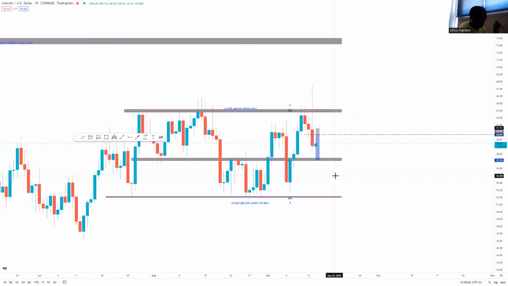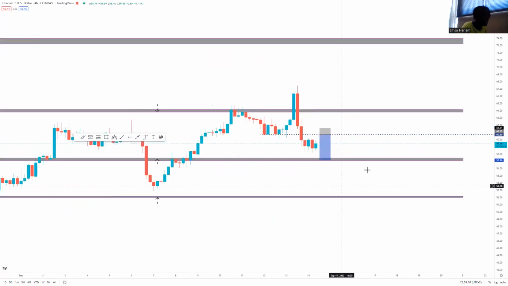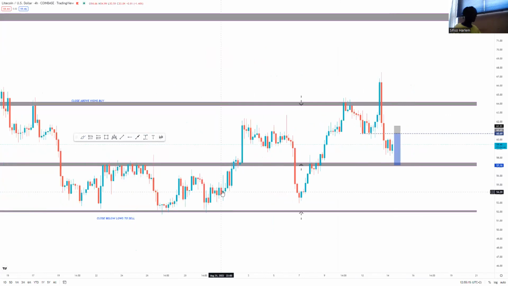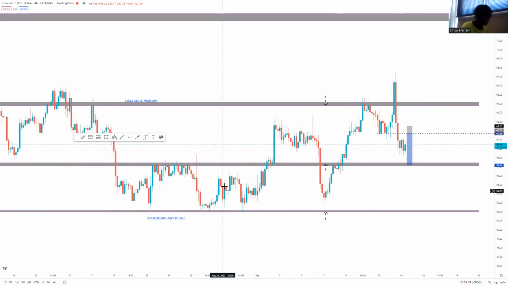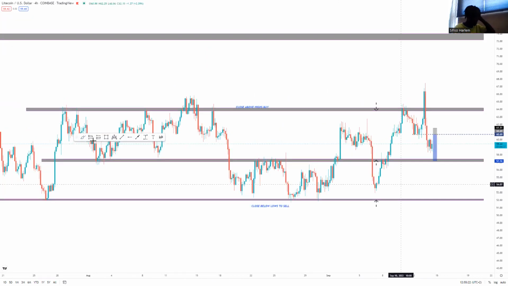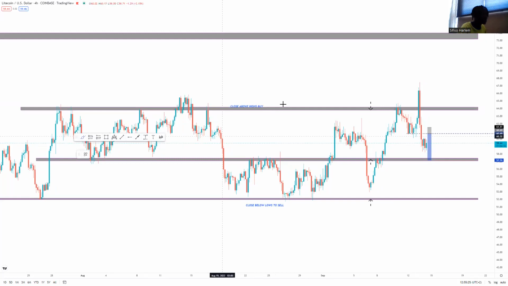So if I'm looking for continuation moves to the downside on the daily time frame, I need to focus on what intraday key levels and intraday zones to focus on for my current move or for confirmation to the upside or to the downside. But I did confirm and call out the zones that Bitcoin was waiting for price to trade on for a move to the downside, and to trade on for a move to the upside.